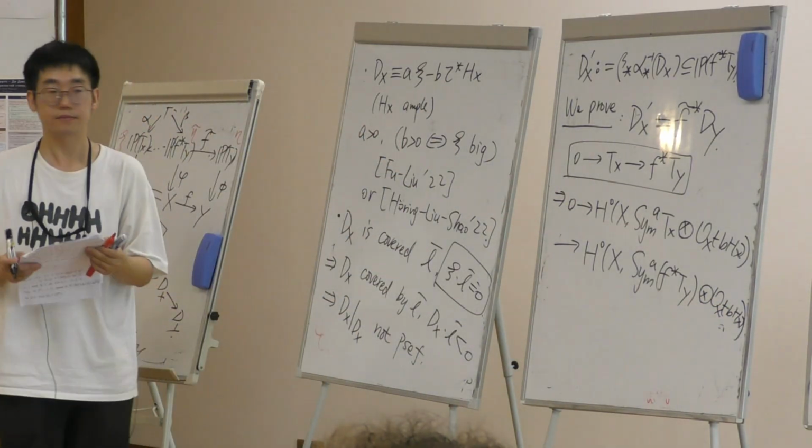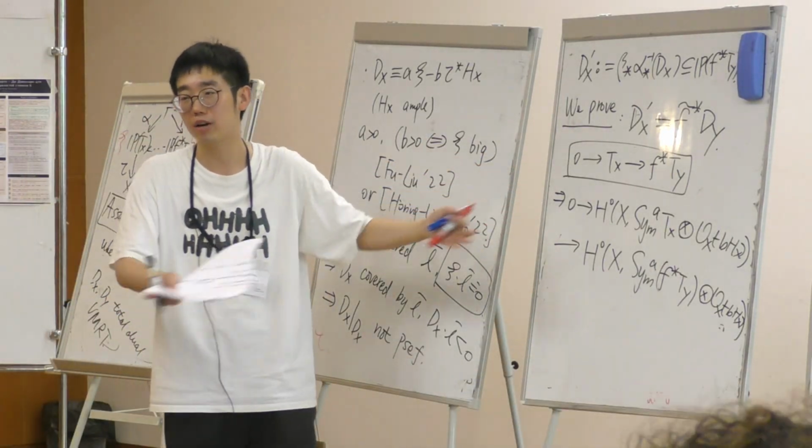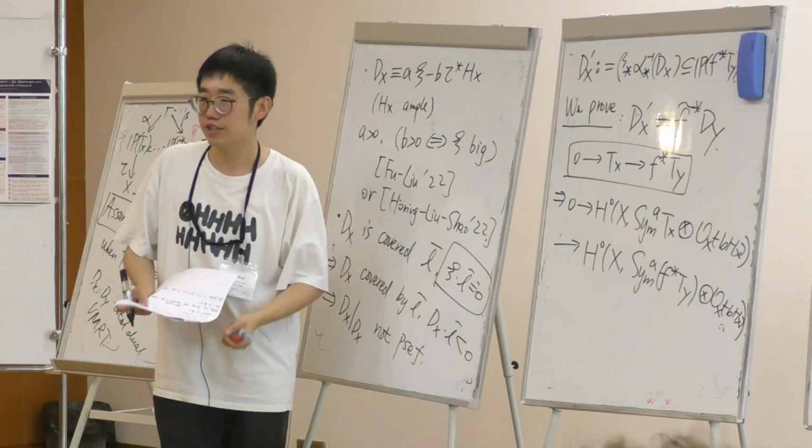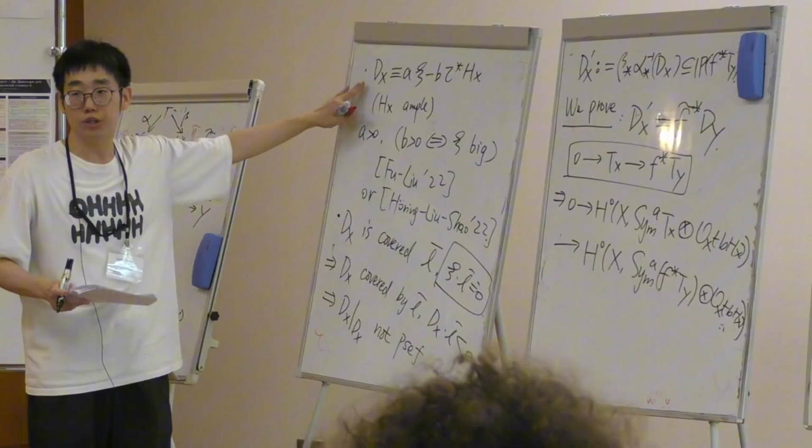It's just taking the symmetric power and the tensor product with some line bundle, and then you get the induced injection. So we are using this property.